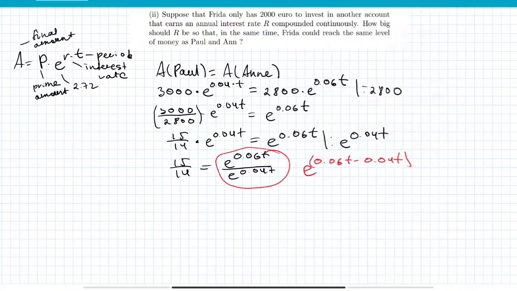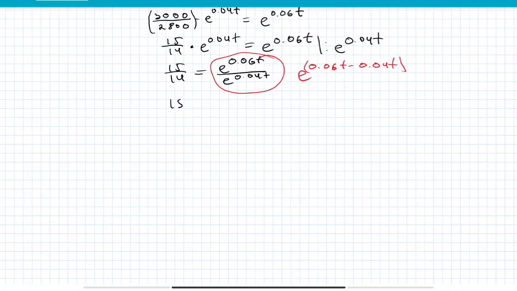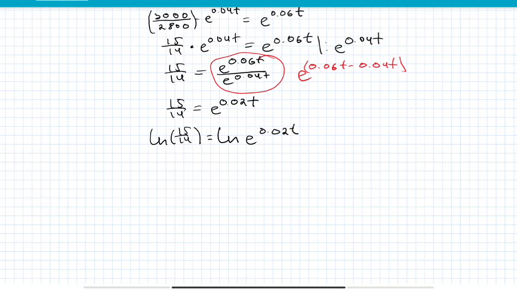So we can rewrite it as 15 over 14 equal to e to the power of 0.02t. And now we need to take the natural logarithm of both sides. So ln of 15 over 14 is equal to ln of e to the power of 0.02t.